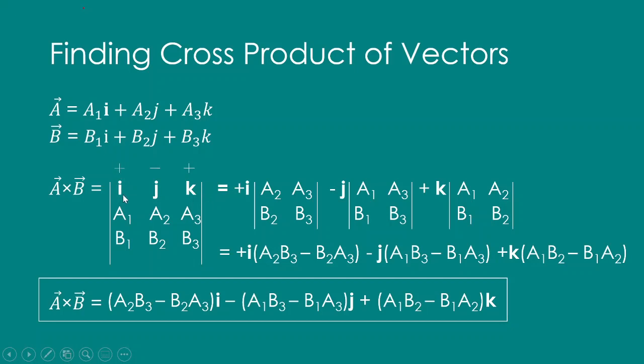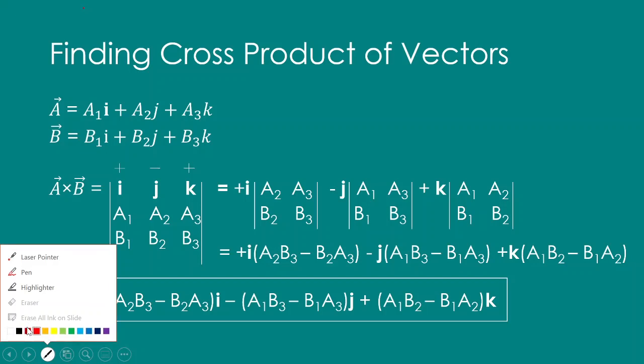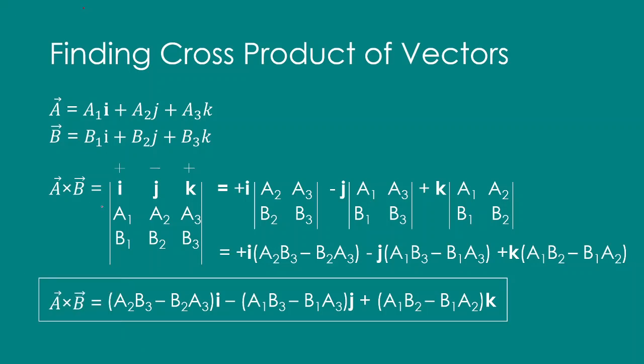So we write positive i. Now to get what's inside here, we cover i. You can do this using your finger if you are writing on paper. We cover i, and we write everything that's left here. So we have a2, a3, b2, b3. That's what we have right here.